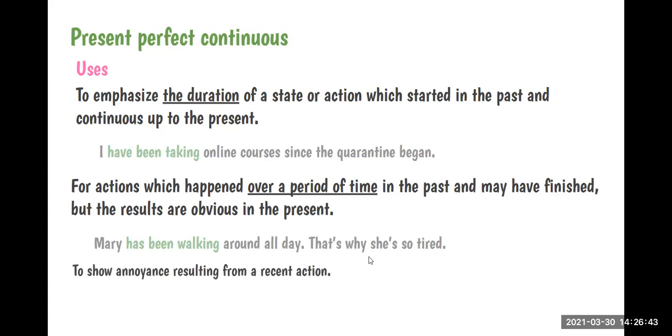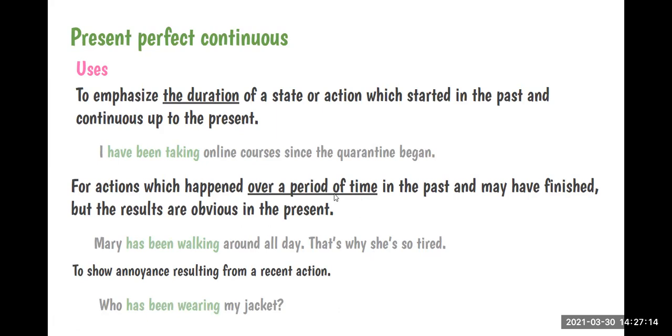To show annoyance resulting from a recent action. For example, who has been wearing my jacket? Okay, so this is another situation in which we can use the present perfect continuous. Okay, can you give me an example for each one of these? I want you to tell me one that emphasizes the duration of an action.